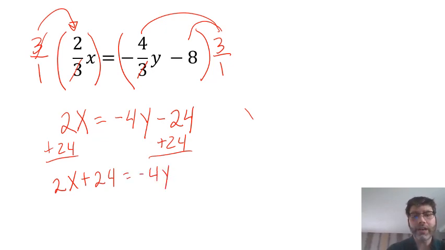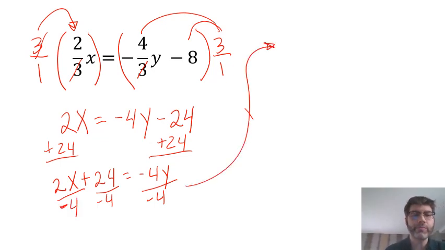Now let's divide everything by negative 4 to get y isolated here. And I'm going to continue up here just so we have more room. So 2 divided by negative 4 is negative 1/2 x. And 24 divided by negative 4 is negative 6.